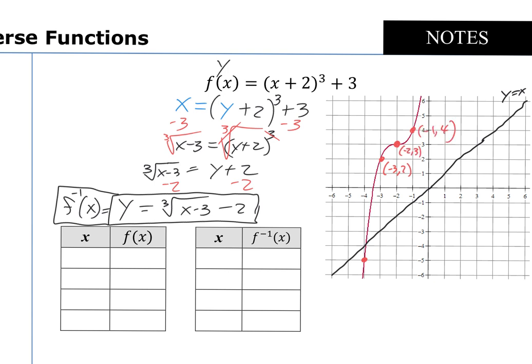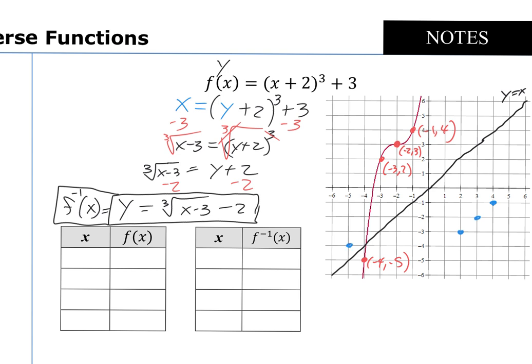And this one down here is negative 4, negative 5. Remember, all we did is switch the x and the y's. Same thing is going to be true here. So I should be able to find 4, negative 1, 3, negative 2, 2, negative 3, and negative 5, negative 4.